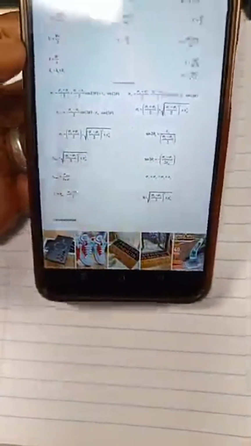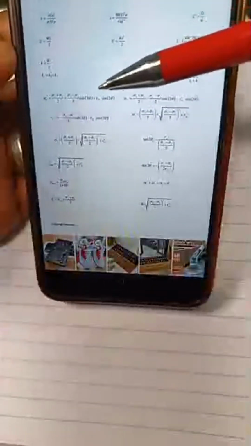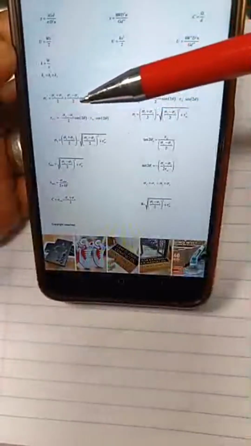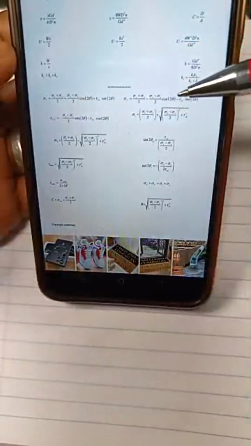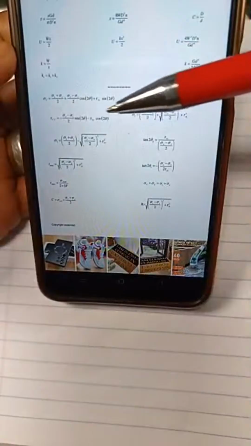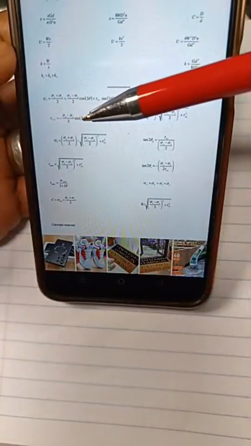So let's go ahead and see the formulas for stress 1 and stress 2. These are the formulas for this chapter. They start from this line. Right under that line, below this line, we have these formulas. These ones are for the rotated values. Then this one also is for the rotated.